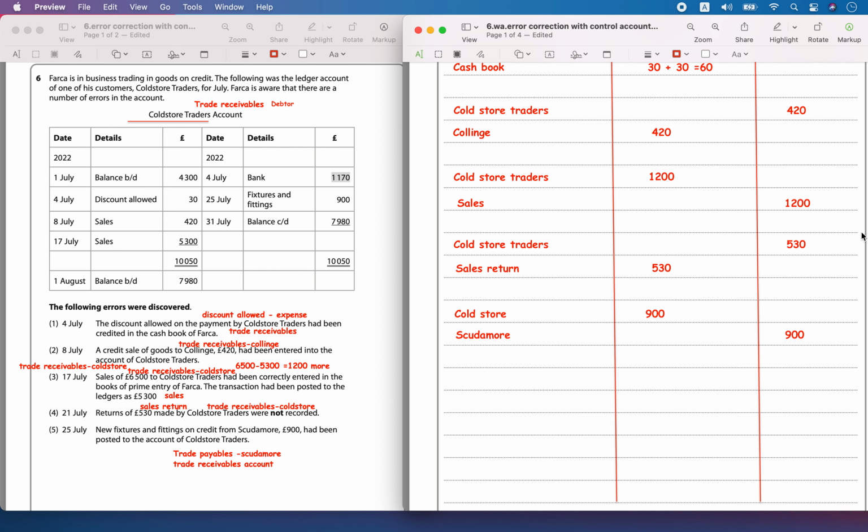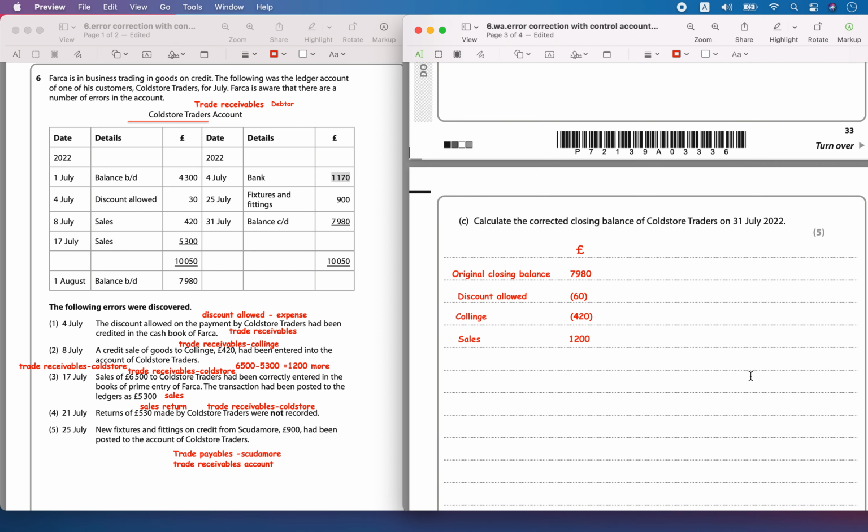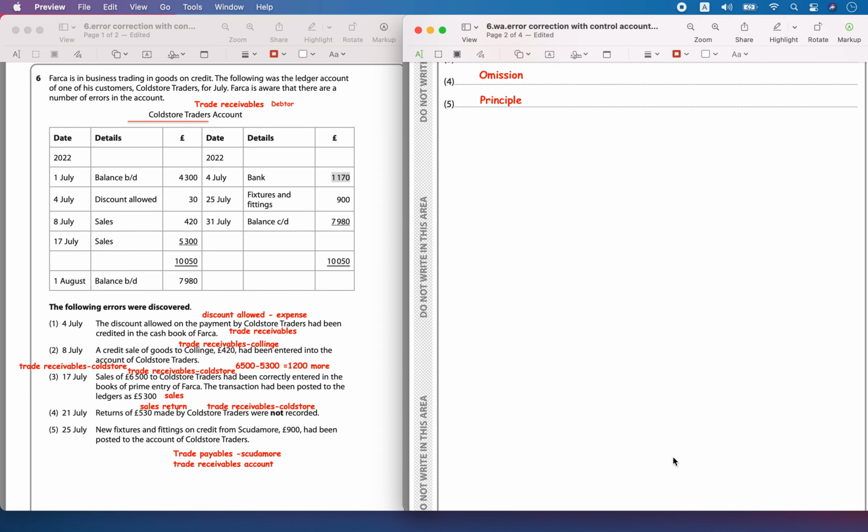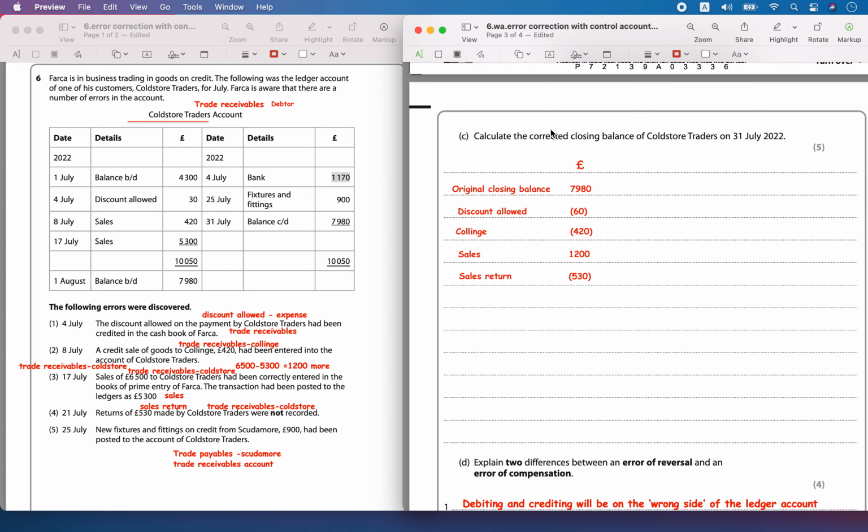Then you had sales return 530, which is on the credit side, so you will subtract it. And then you have this entry for the fixtures and fittings, which was 900, on the debit side, so you have to add it.